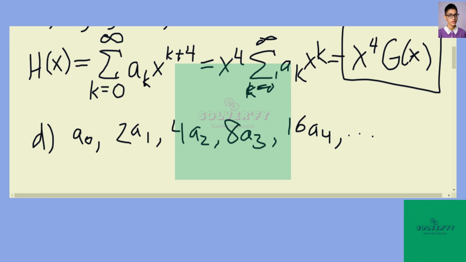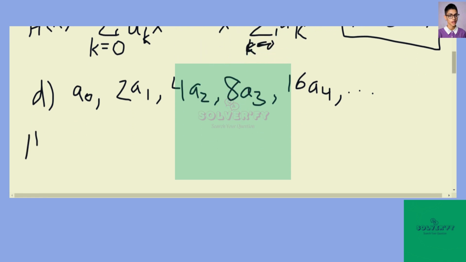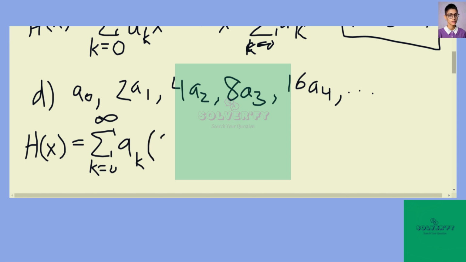If h of x is the generating function for this sequence, then it's equal to the sum from k equals 0 to infinity of a sub k and 2x to the k.